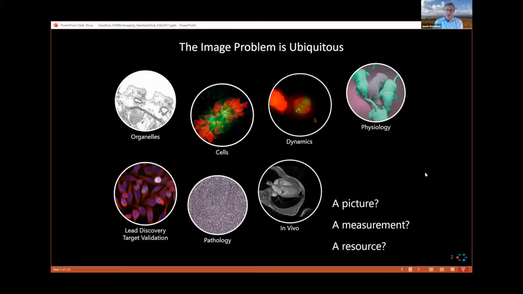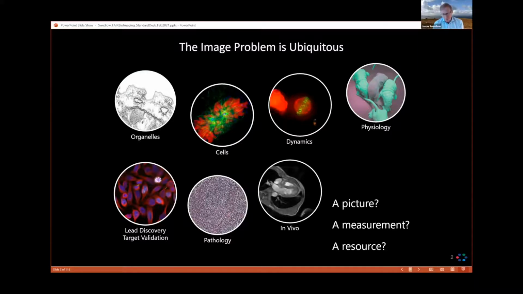In whole animals, we can use those tools for drug screening. Certainly many of you will have seen medical imaging, MR, etc. And most recently, the pathologists have really gotten into the act, and pathology is undergoing a revolution, changing into a digital imaging science as well. So yeah, imaging is everywhere.